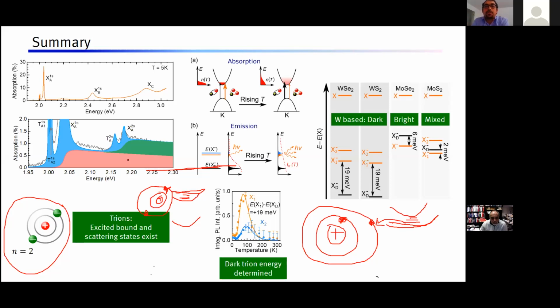However, one has to take care about the effective masses, because in H negative or He positive systems, the protons are like 2000 times heavier than the electrons. So that model will just fail when we come to a solid, because here the electrons and holes are of similar masses. So one has to do a full-fledged calculation of the individual particles to know what would be bound and what would not.